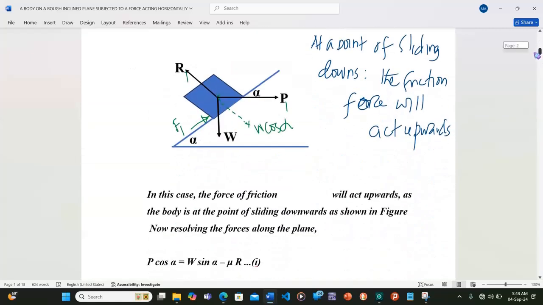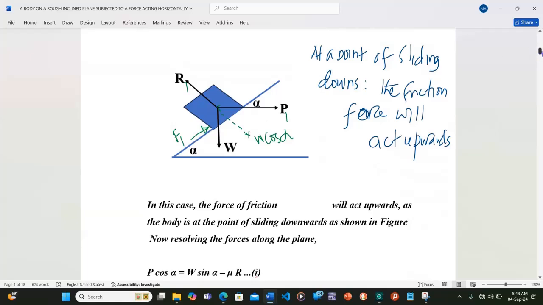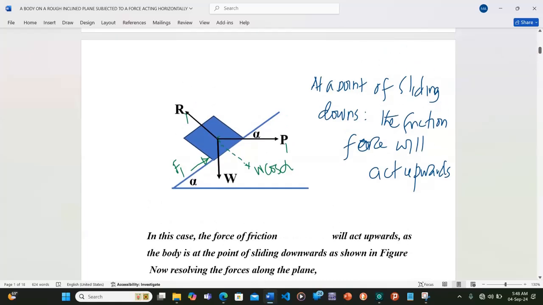So considering the system of this body on the inclined plane, we have a number of forces. We have R1, which is the normal reaction, and remember this normal reaction is always at an angle of 90 degrees to the plane.